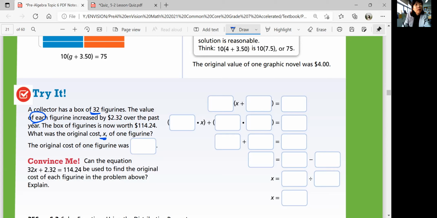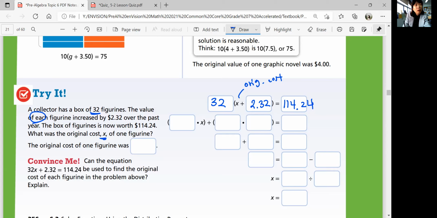So X, whatever the original price was, original cost, right? It increased $2.32, and you have 32 figurines. Okay, so together it is now $114.24 worth. And so now let's solve this equation step by step.